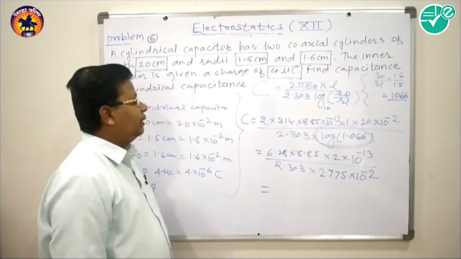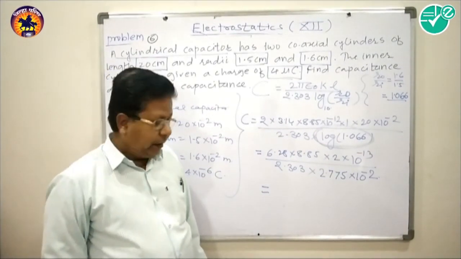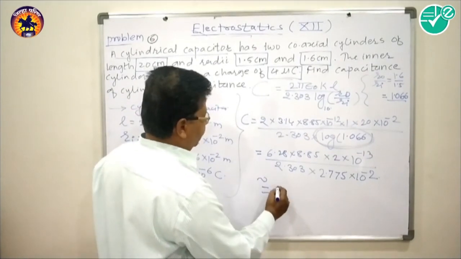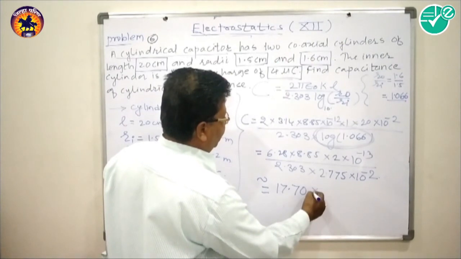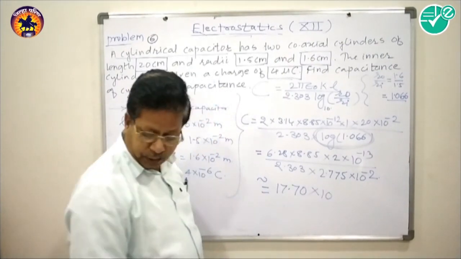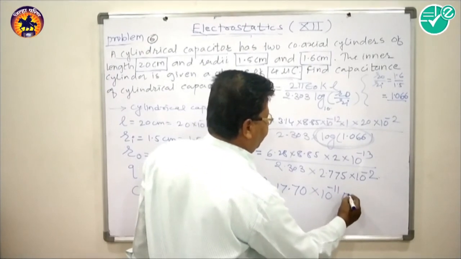And if we calculate its value, then its value comes out to be nearly 17.70 into 10 to the power minus 11 farad.